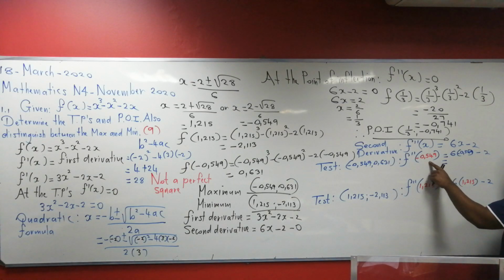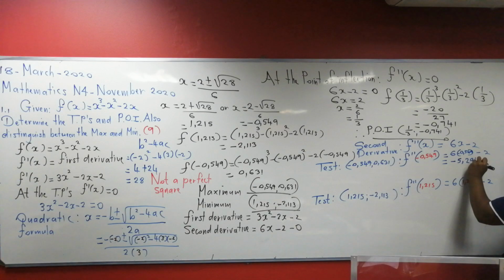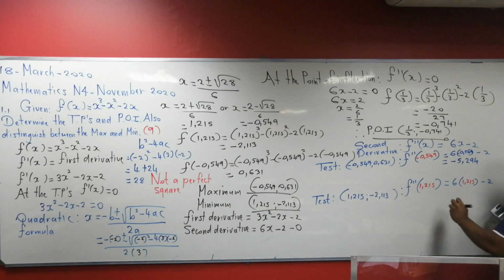Substitute this negative 0,549, we get minus 5,294. Okay, let's do this one here. Five 5,29 also.